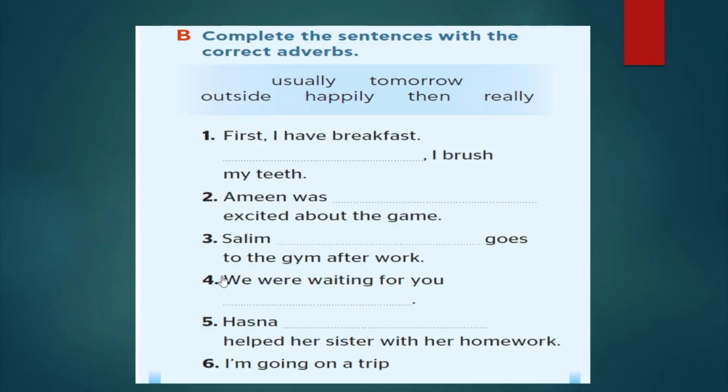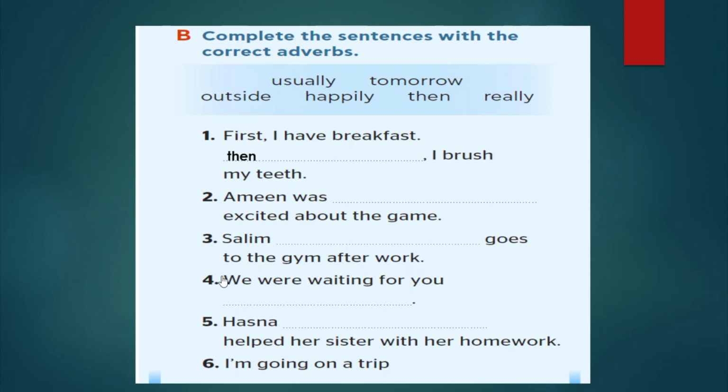Now, my students, I want you to complete the sentence with the correct adverbs. Usually, tomorrow, outside, happily, then, rarely. First, I have breakfast, then I brush my teeth.